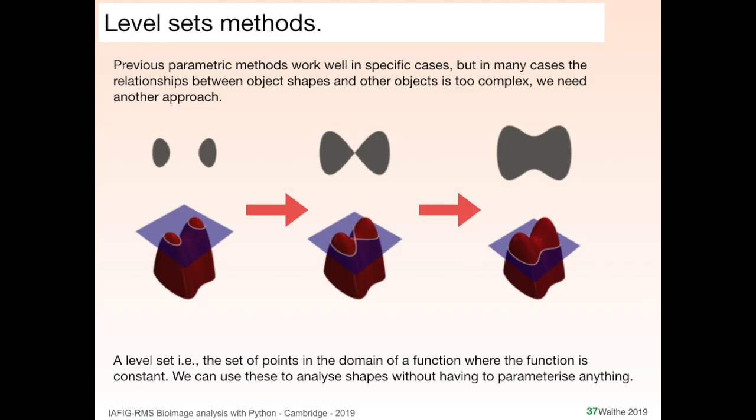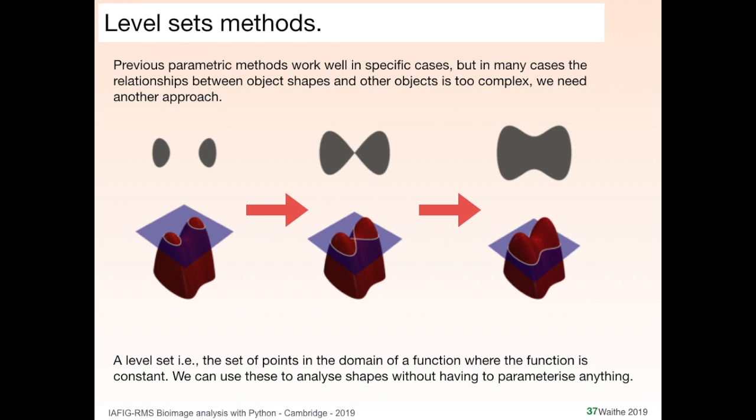So now we're going to move away from these shape models to advanced numerical segmentation methods. Remember before I told you to think of your image more as a topographical representation. Level sets also borrow from this idea, but here we're going to say that the brighter spots in our image are the tops of peaks.